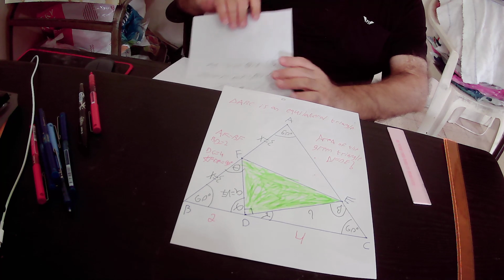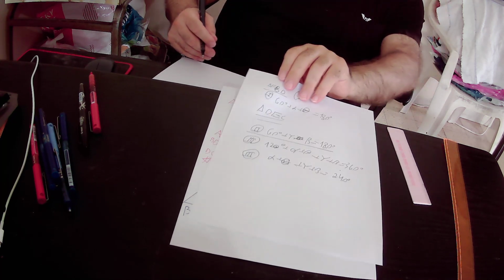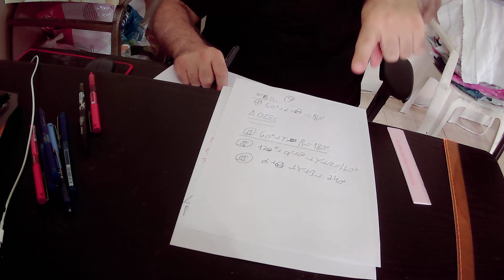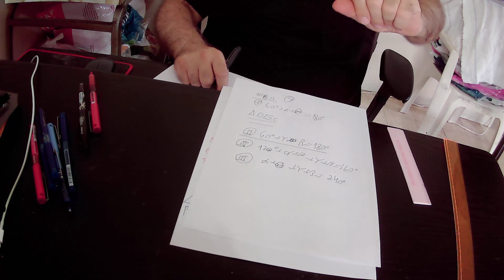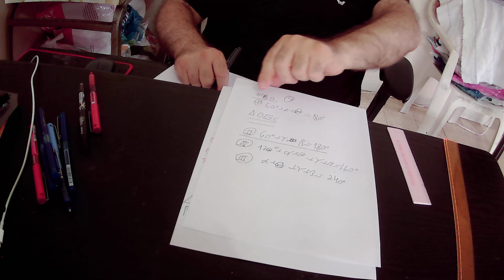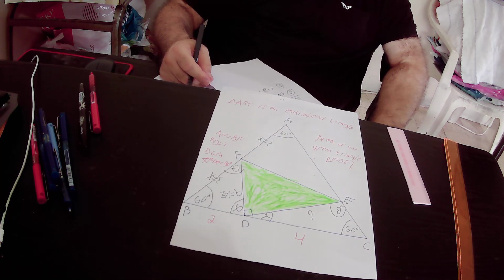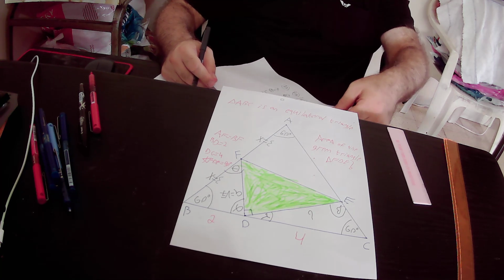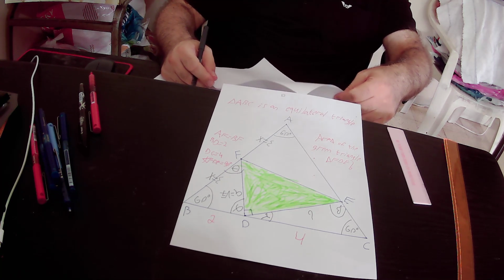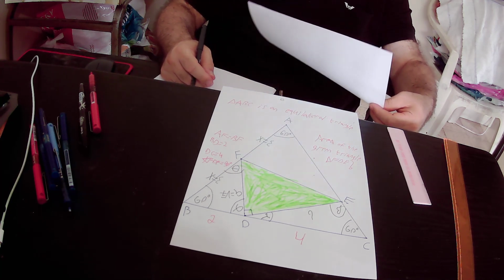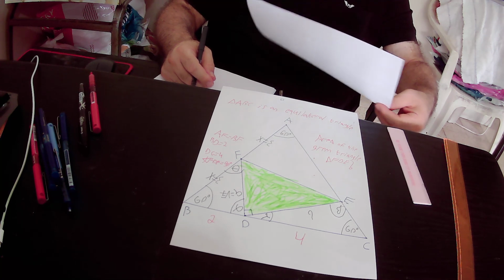Okay, so after we subtracted 120 degrees from equation number 3, we got that alpha plus theta plus gamma plus beta equals 240 degrees.